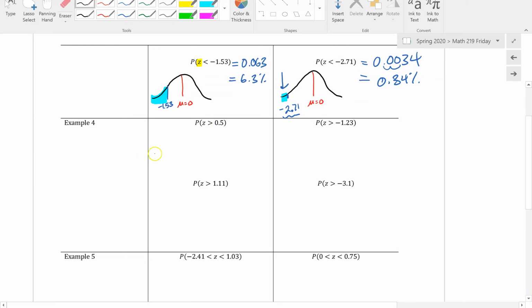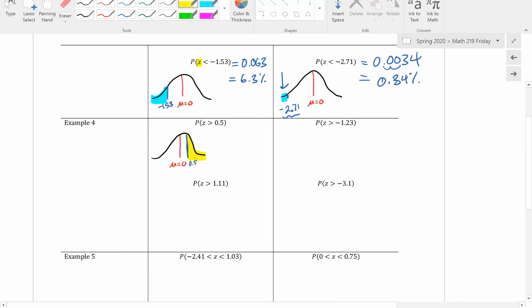So if you were to draw this out, standard normal curve, mean is 0, and find a z-score of 0.5, so half a standard deviation above the mean. Now this time they want the probability, the area under the curve, of finding a z-score bigger than this. So we're looking for the probability of getting data values more than 0.5 standard deviations above the mean.